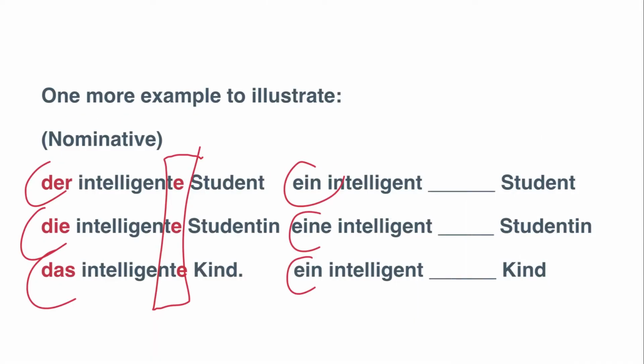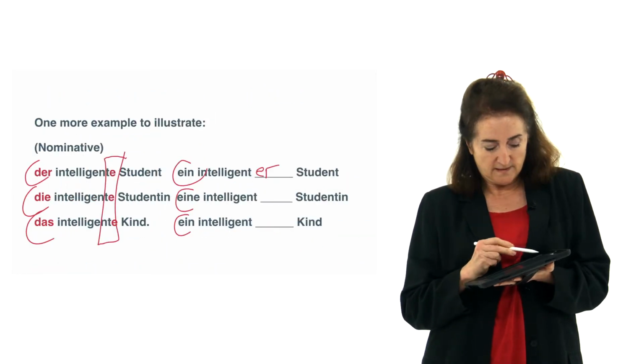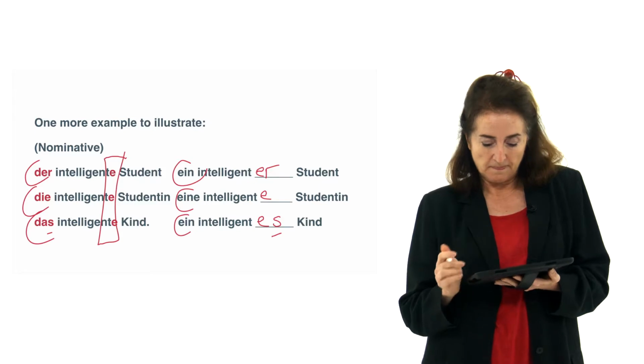So same ending, er, ein intelligenter Student, die Studentin, eine intelligente Studentin, and neuter, even the kid is already very intelligent, das Kind, ein intelligentes Kind. Nominative endings.